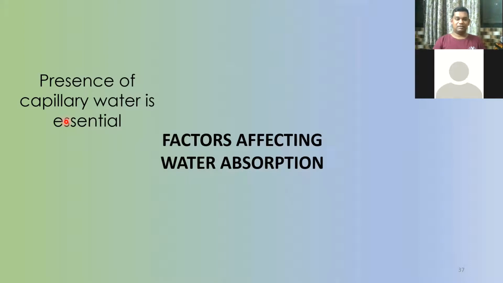Of the four types of water in the soil, gravitational, hygroscopic, combined, and capillary, capillary water is the one, as we mentioned last time, which is available for the plants for absorption. If it is not there, absorption will not happen at all. That's why it is essential.